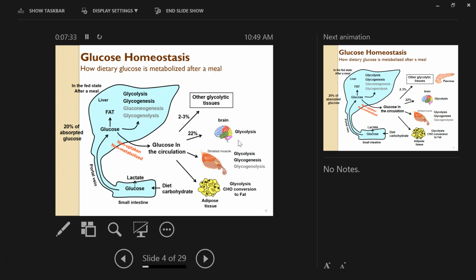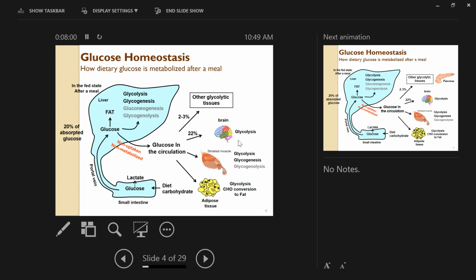So two main glucose transporters: GLUT2 is expressed in liver and beta cell, and is basically responsible for responding to high blood glucose level, right? So when glucose levels increase after a meal, GLUT2 is activated, so it can transport glucose into the liver and also the pancreas, the beta cell.